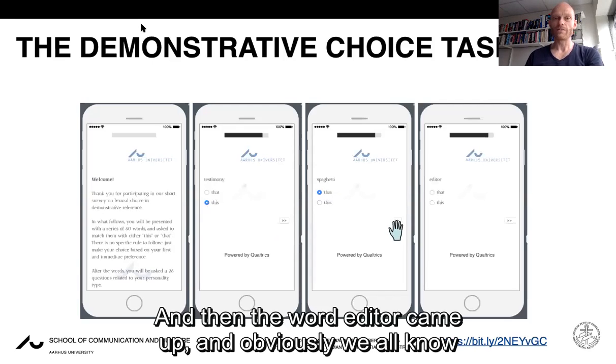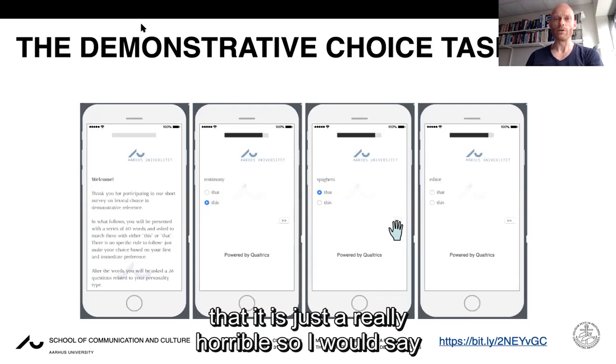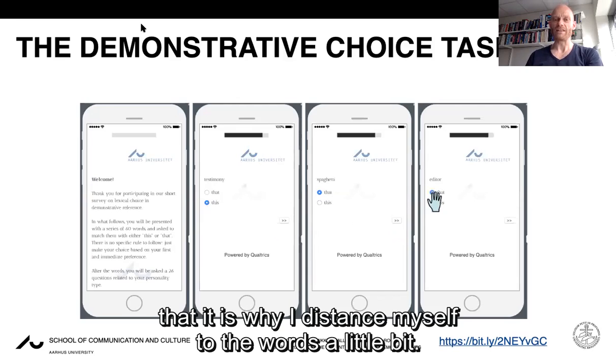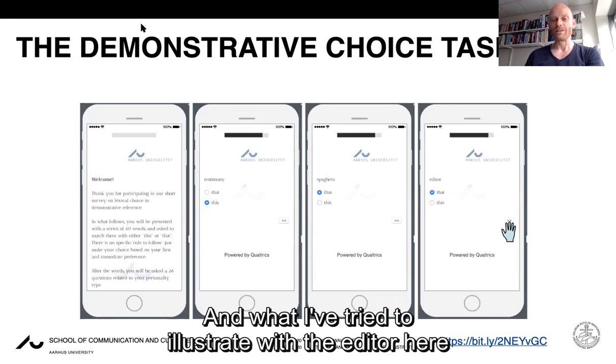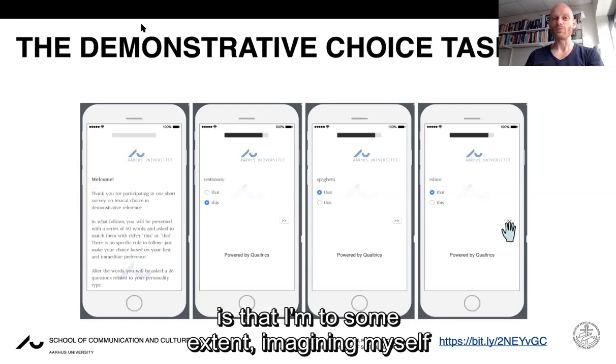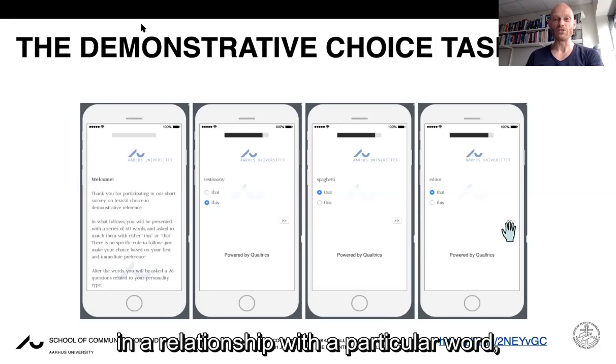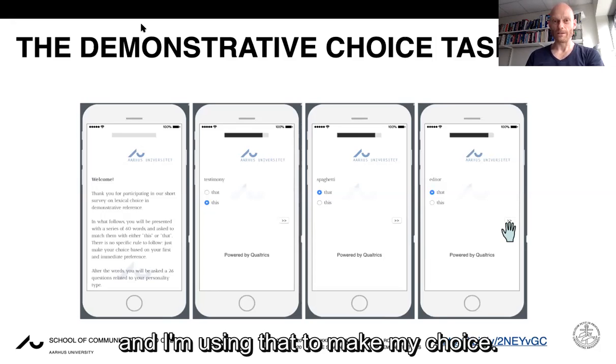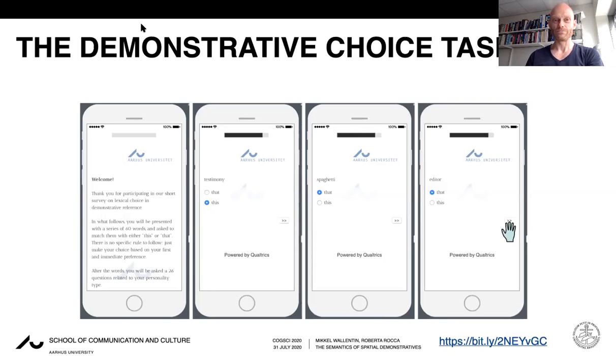And then the word editor came up, and obviously we all know that editors are really horrible, so I would say that editor and distance myself from the word a little bit. And what I've tried to illustrate with editor here is that I'm to some extent imagining myself in a relationship with the particular word, and I'm using that to make my choice.